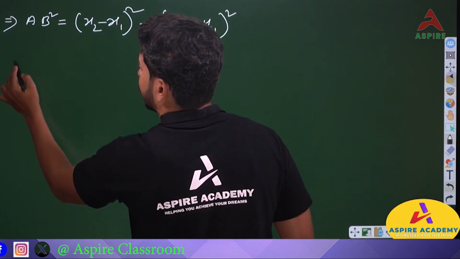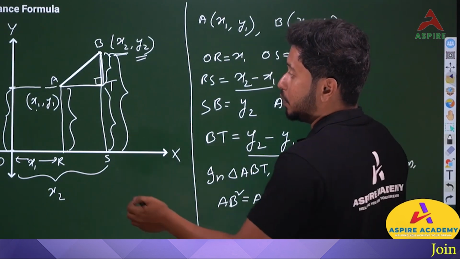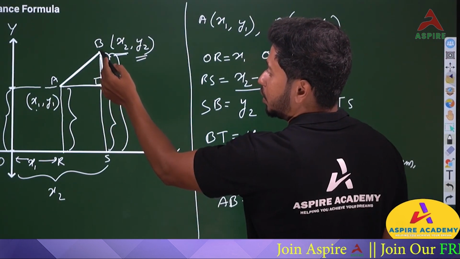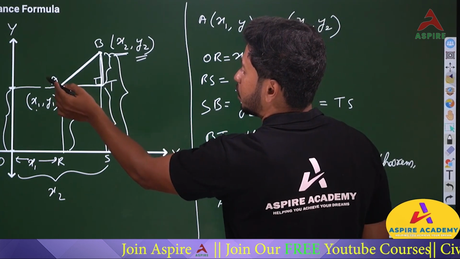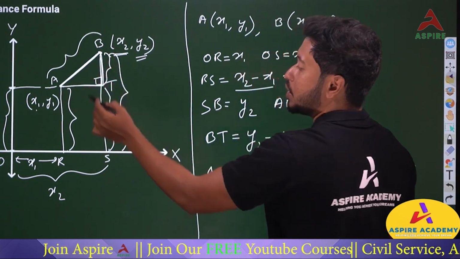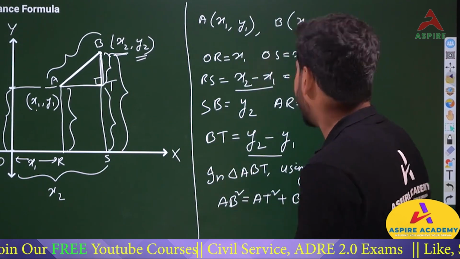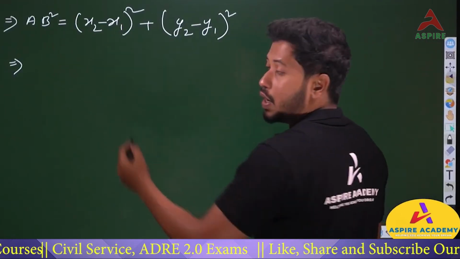So at the first, what I have told you is that we have to measure the length of this AB, or we can say we have to measure the distance between point A and point B. So here AB square is there.